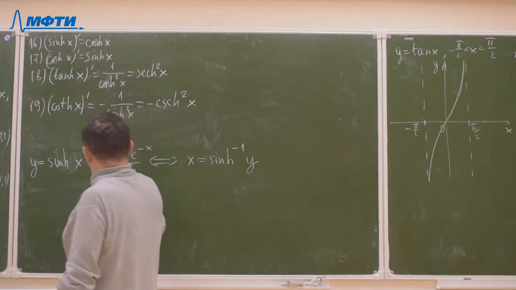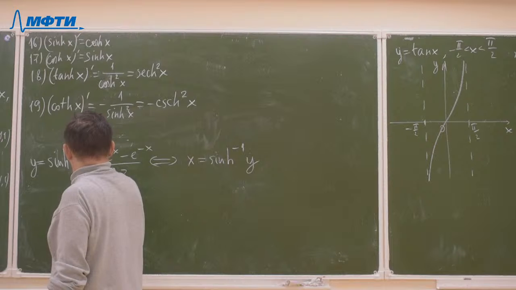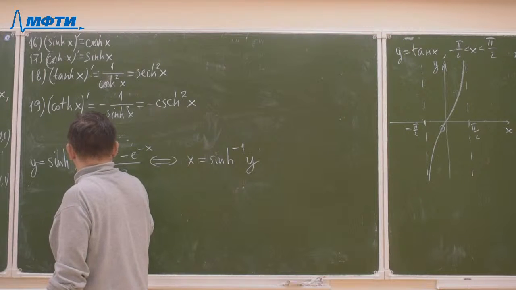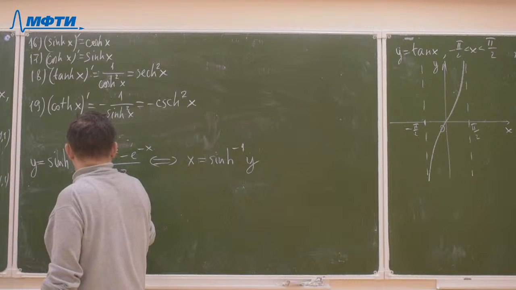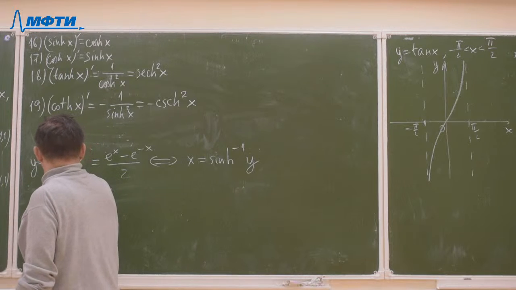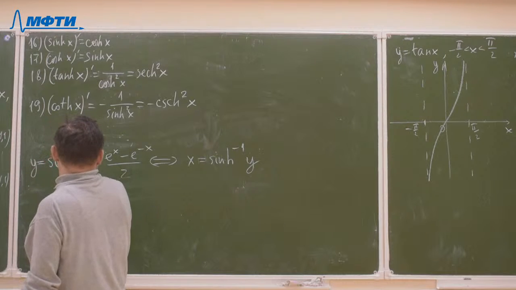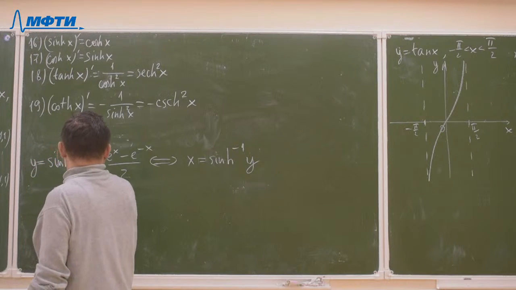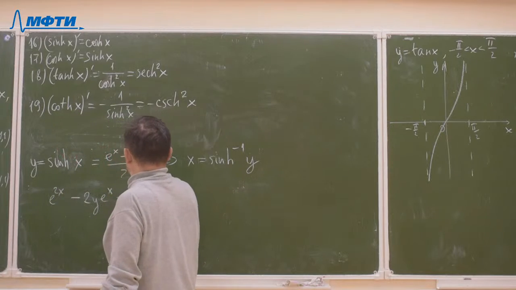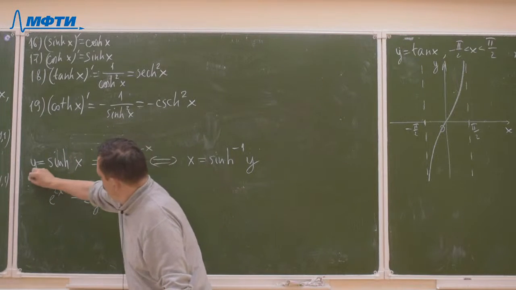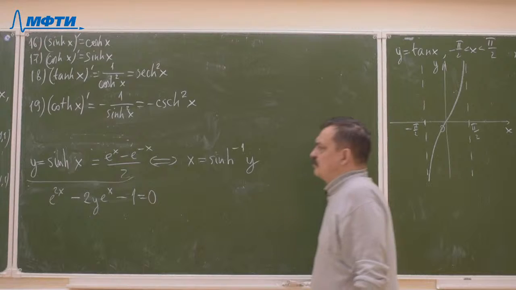So look, we can rewrite our equality as e to the power 2x minus 2y e to the power x minus 1 equals 0. Yeah, that is the equality I wrote.